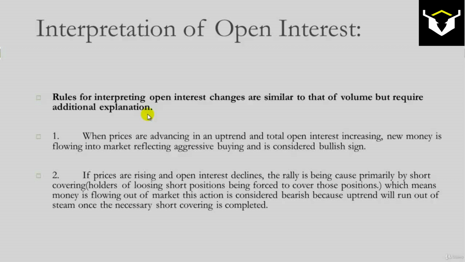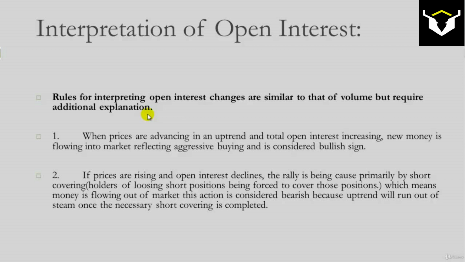So, if prices make a new high but open interest decreases, this suggests that the new rally was triggered by losers trying to scramble their positions, trying to bail themselves out at newer high price levels.